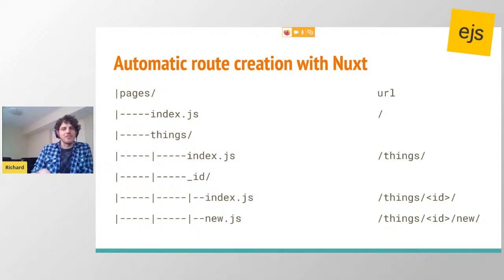Then I also have the things folder, so that's just arbitrary. Inside we can have an index.js or Vue. Now we have our things route, so whatever that component is going to get loaded.